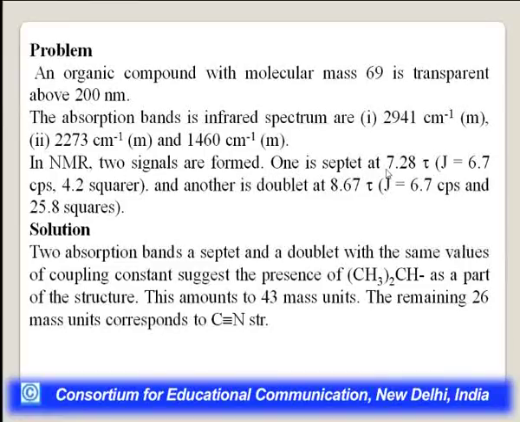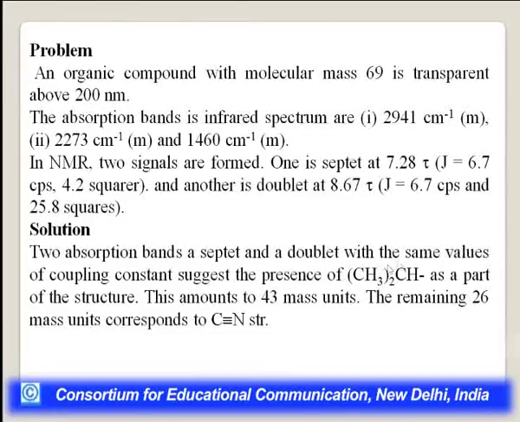One is a septet at a value of 7.28 tau, and you can see the coupling constant value also. Another is a doublet at 8.67 tau. So first of all, what kind of pattern do a septet and a doublet suggest? The same values of coupling constants suggest the presence of this kind of pattern.